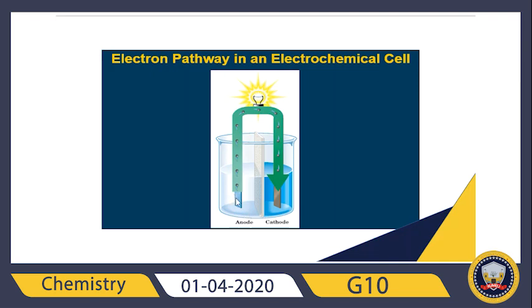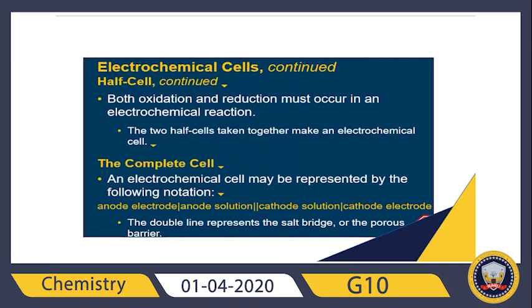So these released electrons will move through this wire to the other side. So always, guys, the electrons will move from where? From the anode to the cathode. Why? Because at the anode, oxidation will take place and electrons will be released.